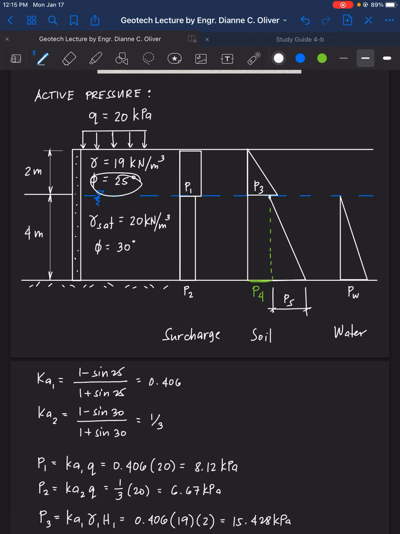So this is F1, F2, F3, F4, F5, then F water.